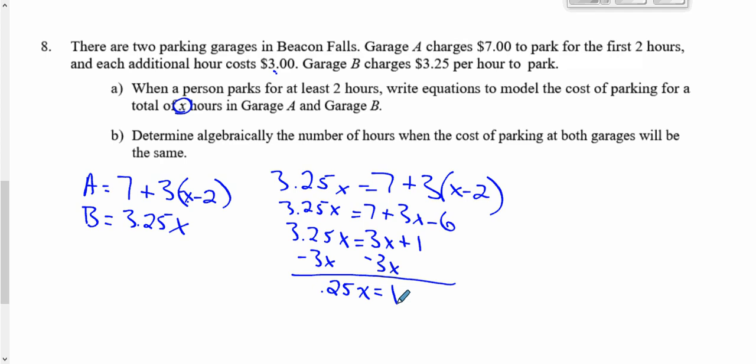It's the same as always. What do we do? Divide by 0.25. And what is 1 divided by 0.25? In other words, how many times is 0.25 going into 1? How many times is a quarter going into a dollar?